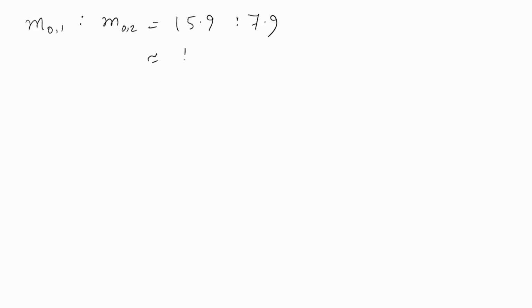So, this is roughly 16 is to 8, or we can say 2 is to 1. So, this is a simple whole number ratio. So, with this we have completed the law of multiple proportions.